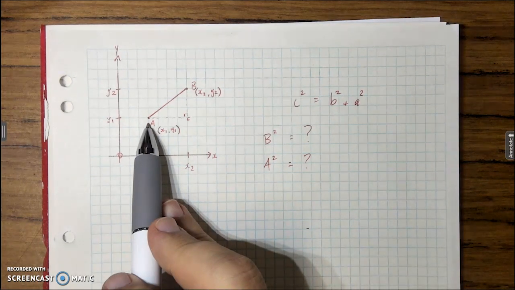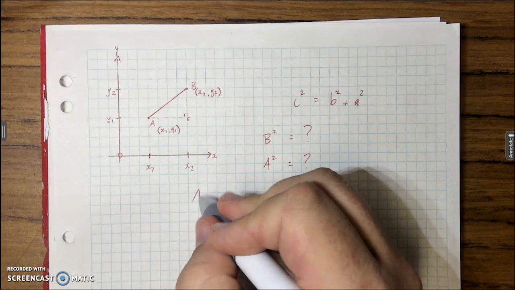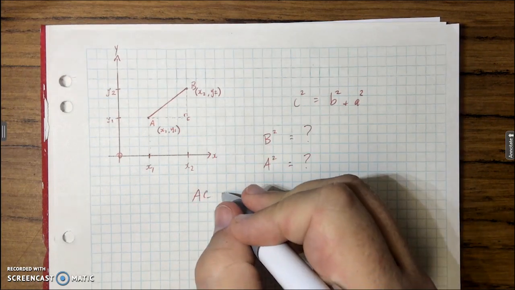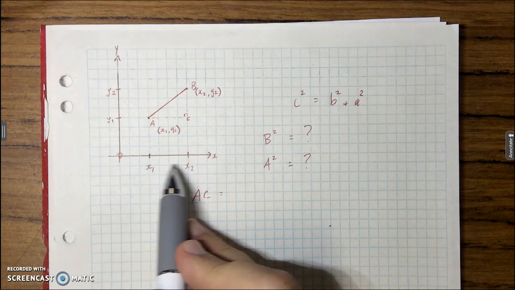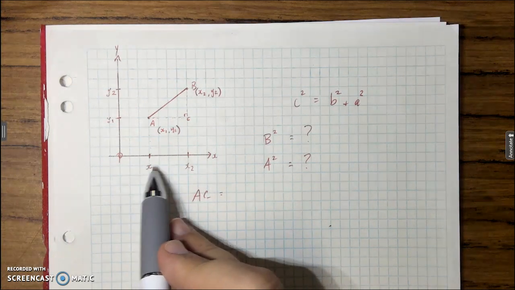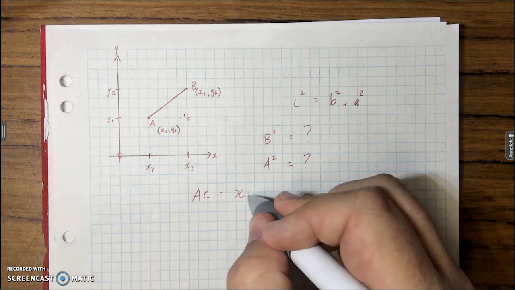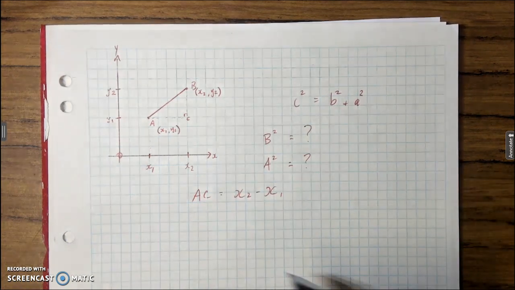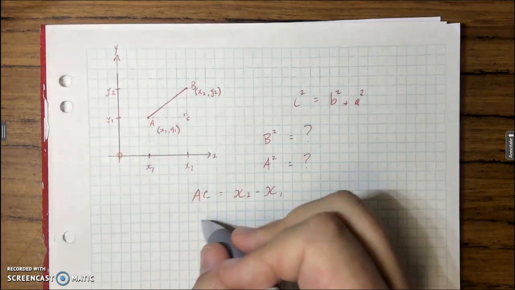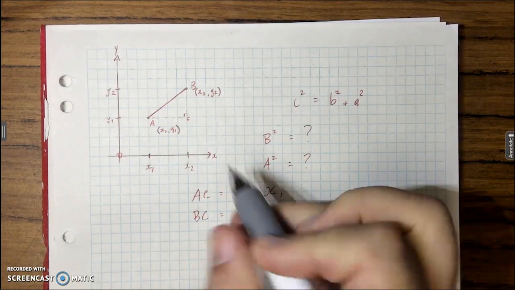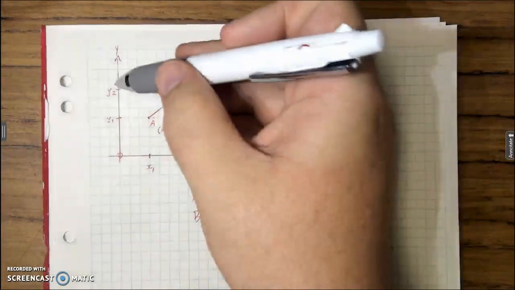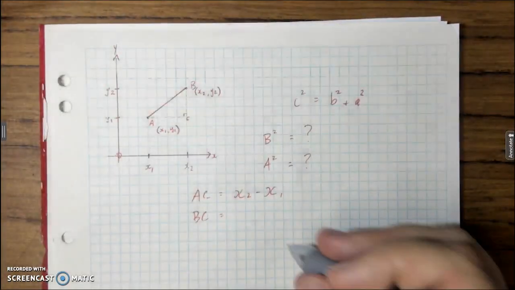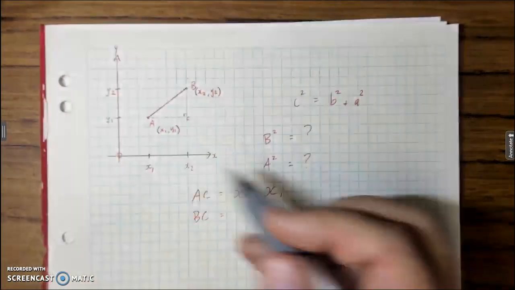We do know that the distance AC, so the line AC, is equal to the distance between x2 and x1. So if we say that it is x2 minus x1, then that's that distance. We can say that the line BC is equal to the distance between the two y measurements that we have.